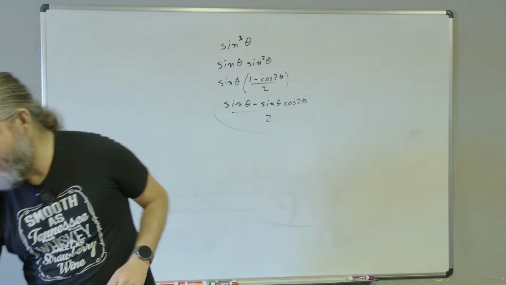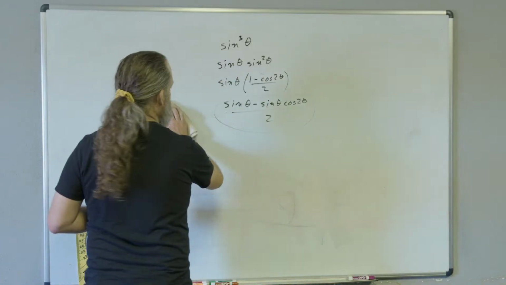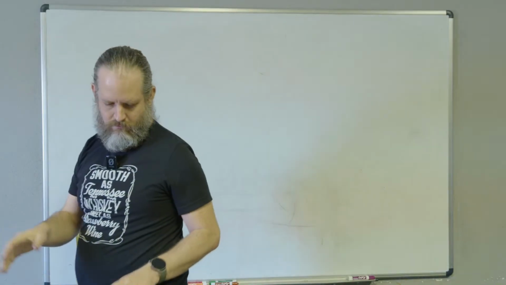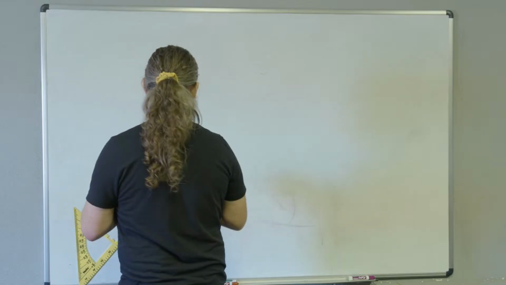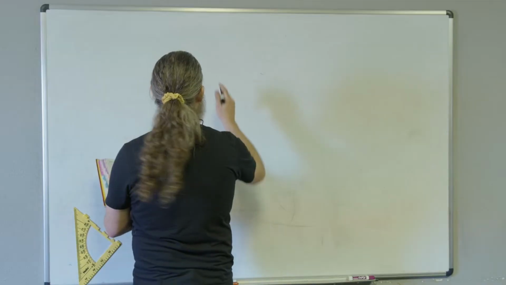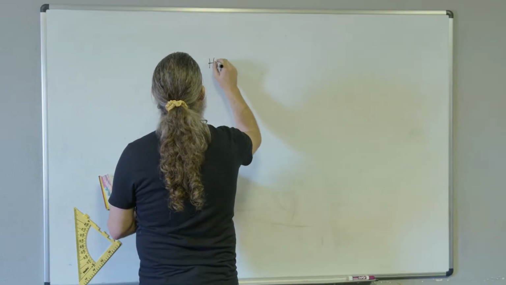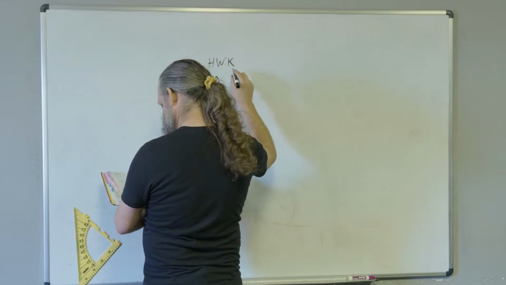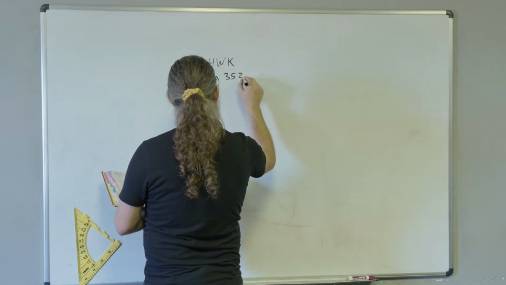Let's give you a little homework. 2 through 32 evens. We have finding the exact value of each expression.